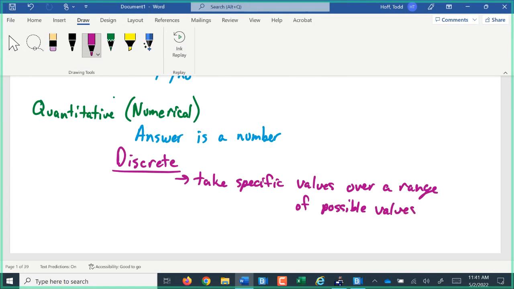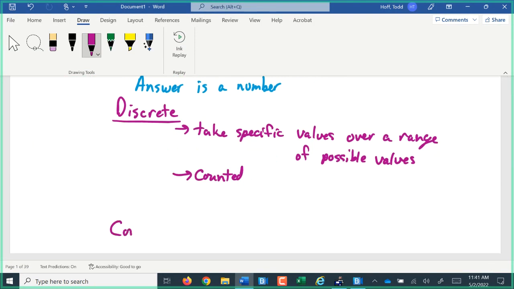So it can take on very specific or individual values over a range of possible values. Another way of describing discrete is it is things that are counted. If I ask you how many books are in your backpack, you're going to count them. 1, 2, 3, whatever. It takes on specific values between 0 and however many books you could possibly physically carry.